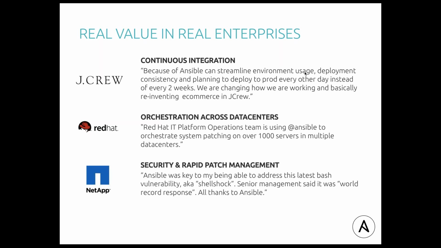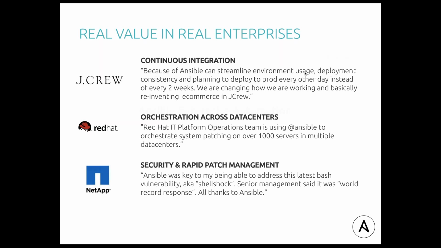And as I'm sure you all know, Red Hat acquired Ansible just about a month ago. And then a customer like J.Crew, totally different space, not a technology company, a retailer, is deploying and building their mobile site and their e-commerce site, jcrew.com, with Ansible as well.